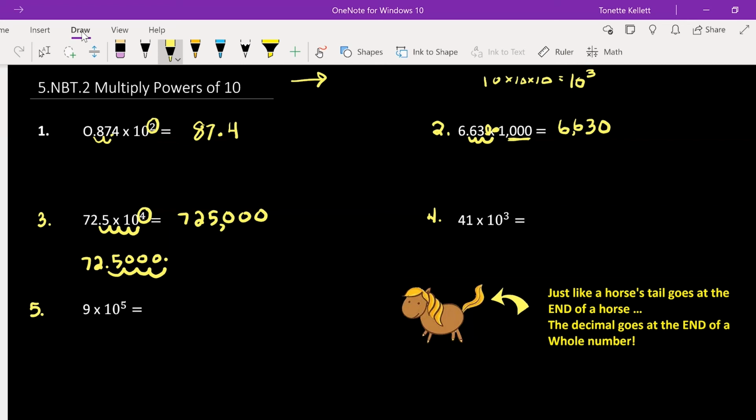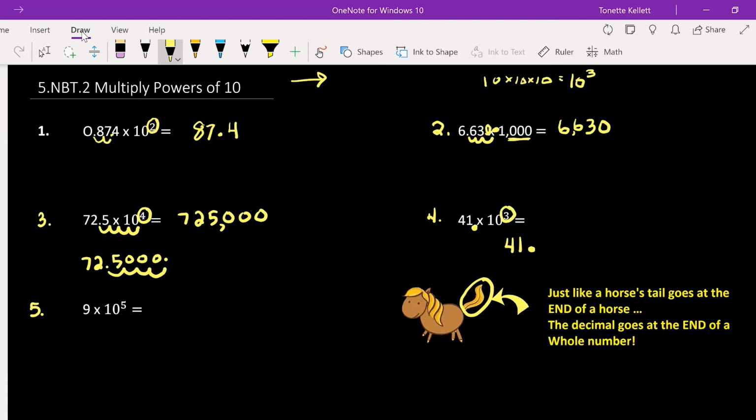725,000. Now here's where the horse comes in. There is no decimal on this whole number. So just like the horse's tail goes at the end of the horse, right here, so the decimal goes at the end of the whole number. I'm going to rewrite it underneath and put the decimal at the end.